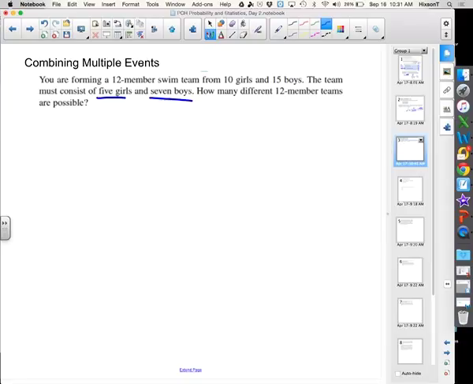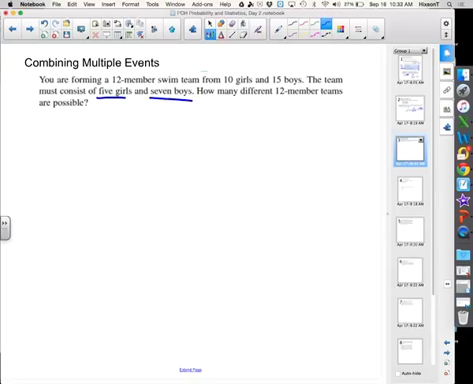Here we have one of our counting principles, and like I said, we'll talk about this more on Friday. But we have 2 different events, and our fundamental counting principle says that if there are a certain number of ways to do one event, and there's a certain number of ways to do another event, then how do we figure out how many ways there are to do them together?